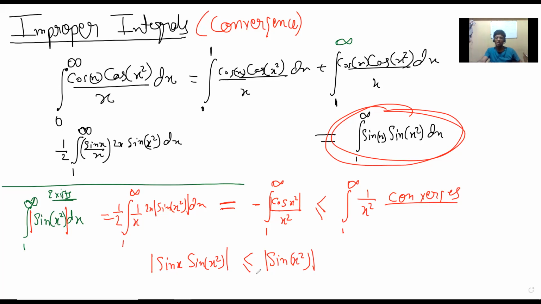No, this is wrong, because if I keep the mod here, then this is fine. But if you take mod of sine x square 2x, then that's fine, right?